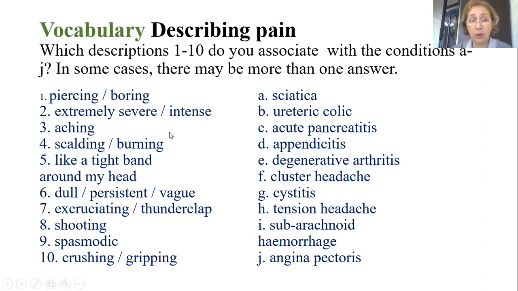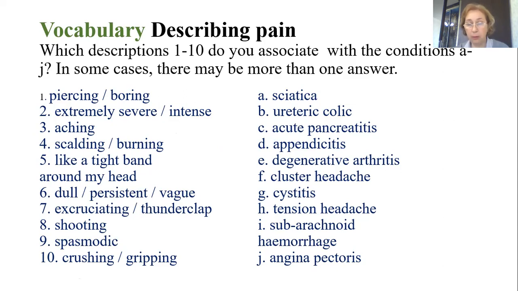If a patient comes to you and says, I have a piercing pain, what will your diagnosis be? If they say it's piercing, it's possibly from the abdomen area or lower frontal body.